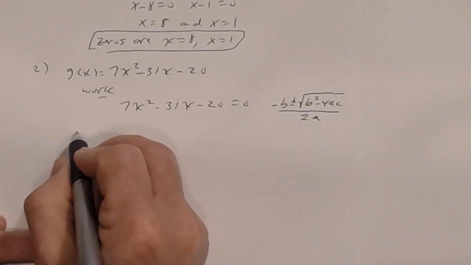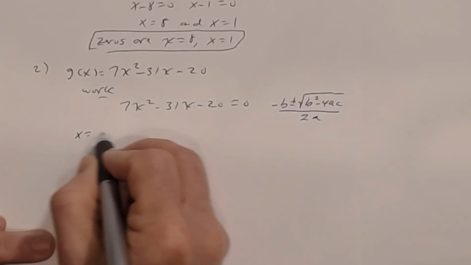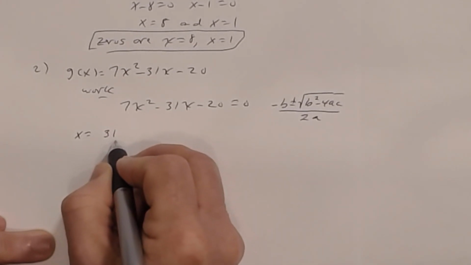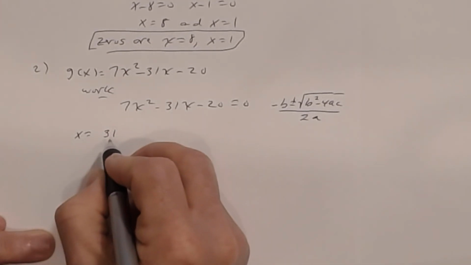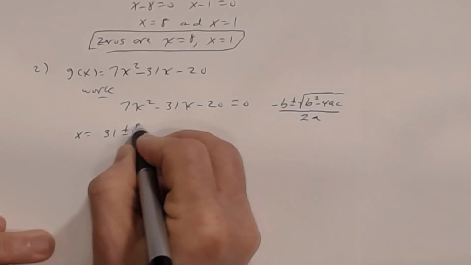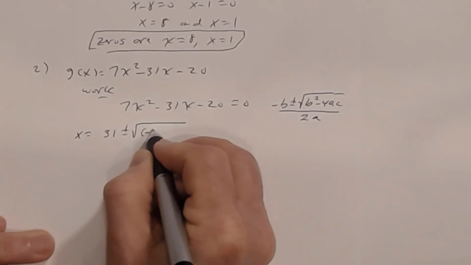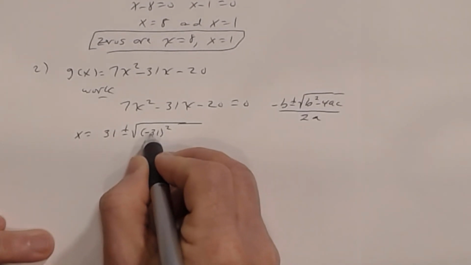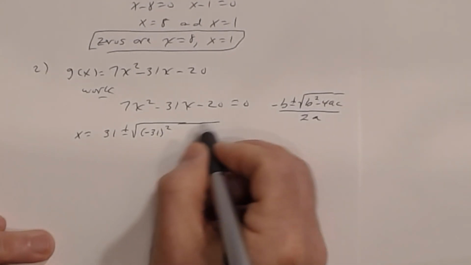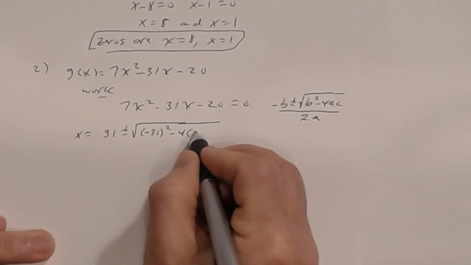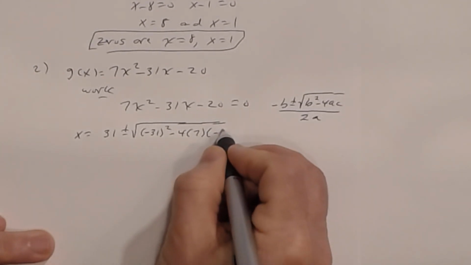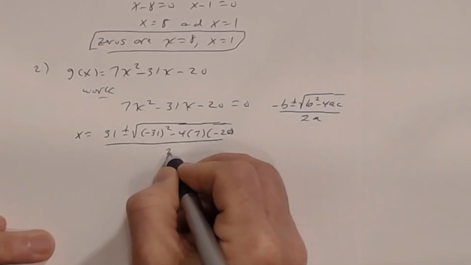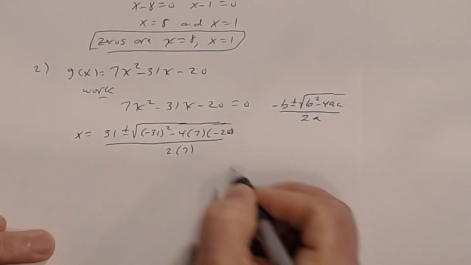So x equals the opposite of b, which is a positive 31, plus or minus the square root of b, which is negative 31 squared. When I square this negative, it's going to be a positive, minus 4 times a, which is 7, times c, which is negative 20, all divided by 2 times a, and a is 7.